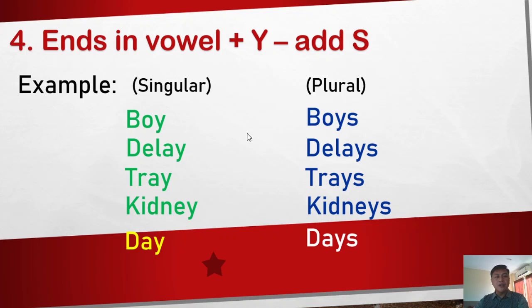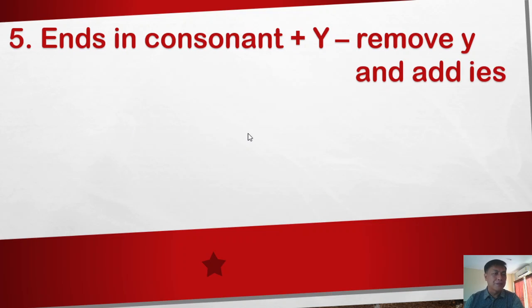Okay, let's go to number 5. If number 4 is words that end with a vowel and y, in number 5 the word ends in consonant plus y. What are the consonant letters?